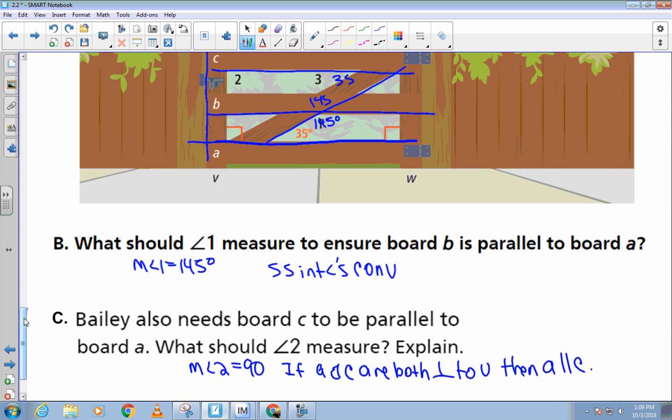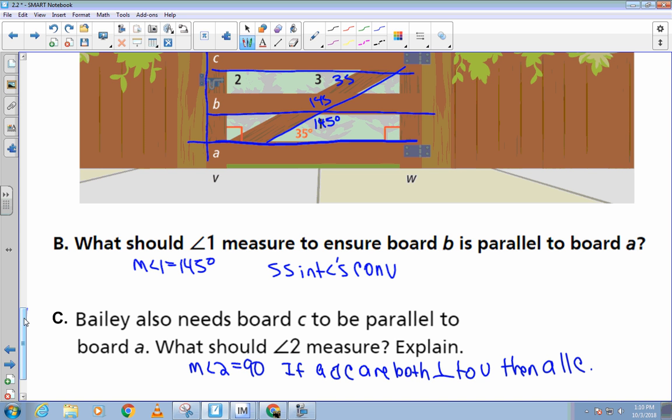Okay, so you could have done this in a couple of ways. Because if this is 35 and C and A are parallel, then this is going to be the alternate interior angle, right? Okay, yeah, we can go with that. But you could also do one other thing. Since A and B are parallel, and A and C are parallel, then B and C are going to be parallel, right?